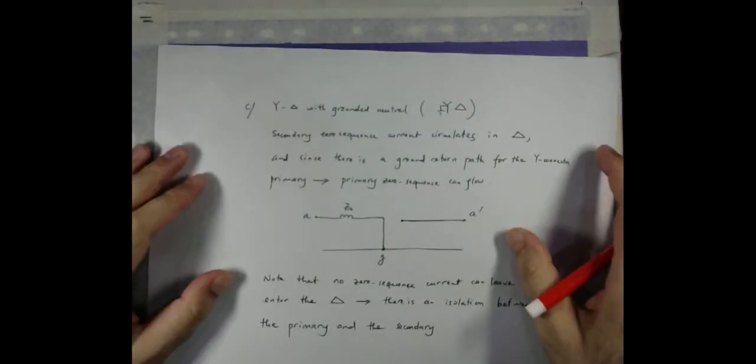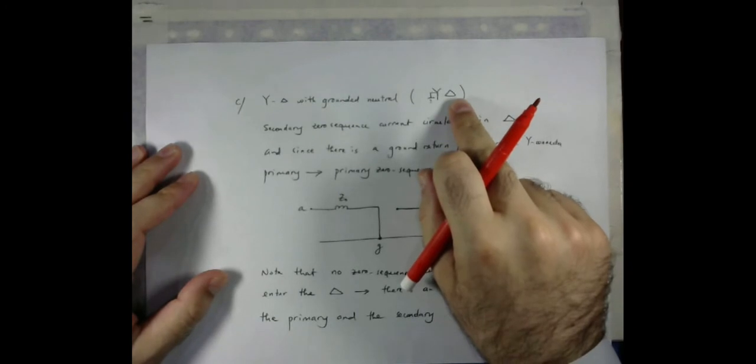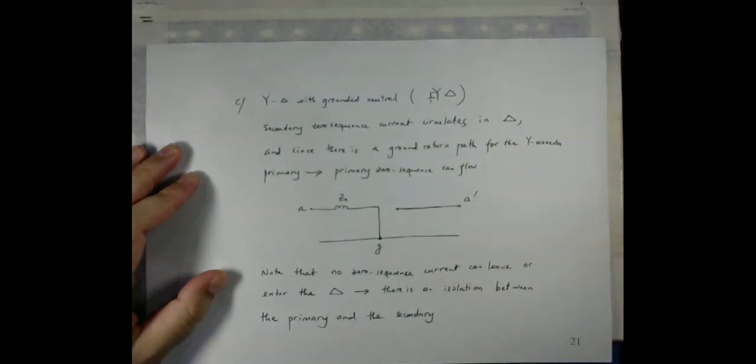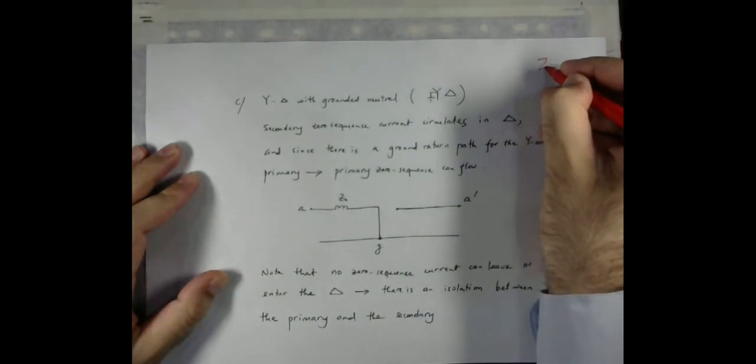And if you remember, we had this discussion before that delta can be equivalently represented as a Y connection, and each phase impedance will be equal to Z delta divided by 3.